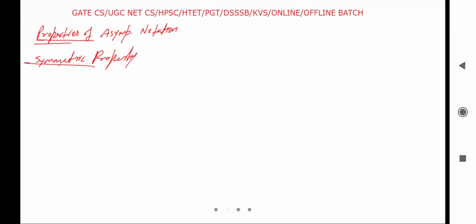So what is the symmetric property? Let's understand.